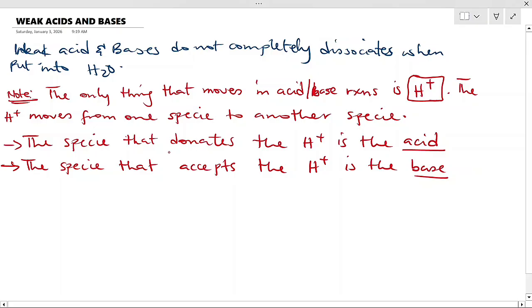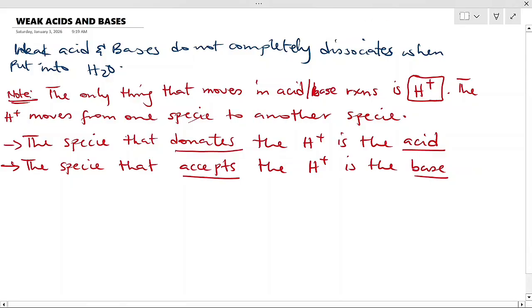So the key word here is donates. The one giving out the H plus is the acid, and the one receiving or accepting the H plus is the base. So let's look at some examples of weak acids.